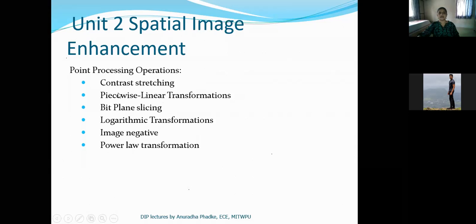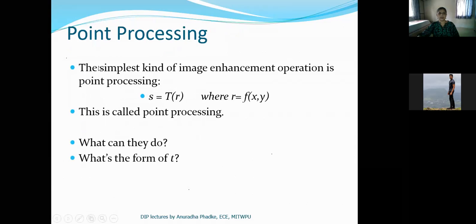Before starting with actual operations, let us understand what we mean by point processing. Point processing is the simplest kind of image enhancement operation. The meaning of point processing is to process the image point by point. Now what is the smallest point in an image?